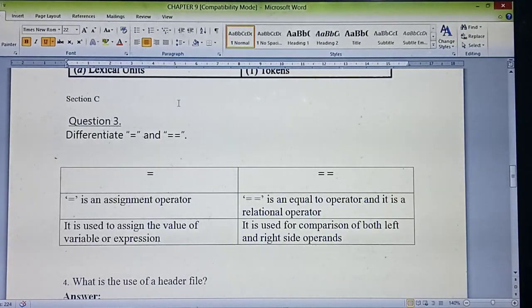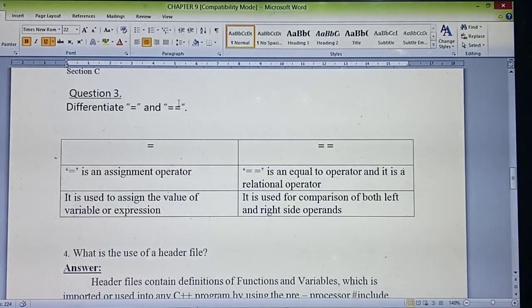So differentiate equal to and double equal to. I have written it, okay.